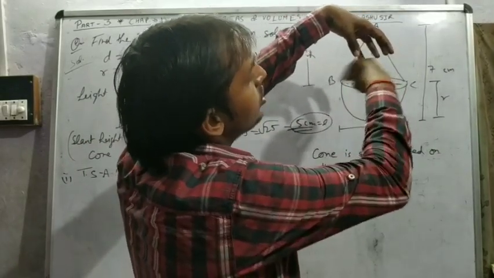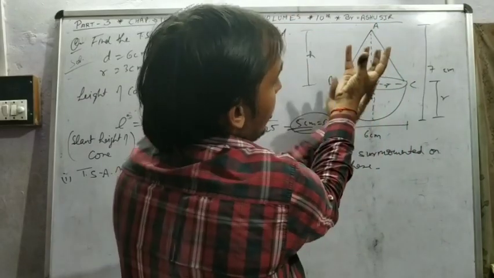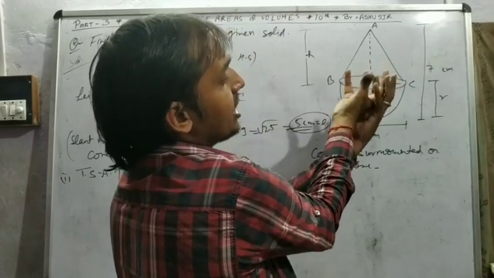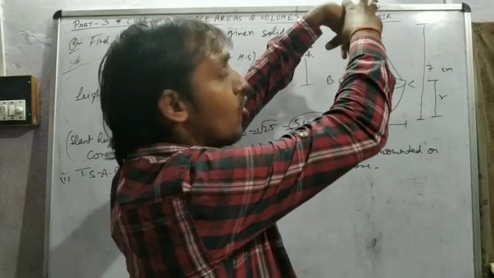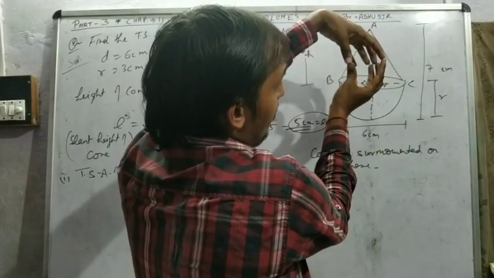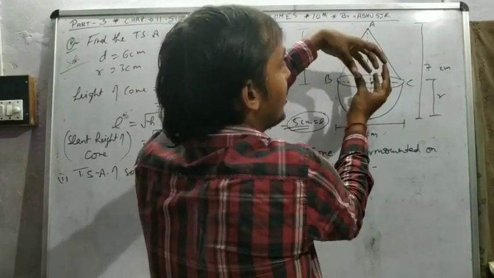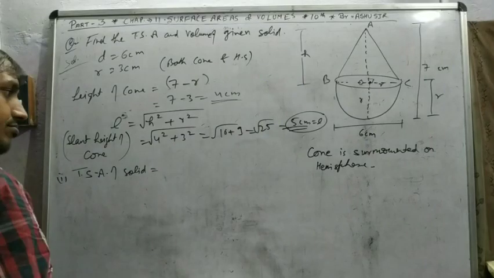In between there is no surface, only this upper cone surface and this lower hemisphere surface. This is called the CSA of hemisphere and this is called the CSA of cone. So we join them, and we have to find the total surface area of the figure.